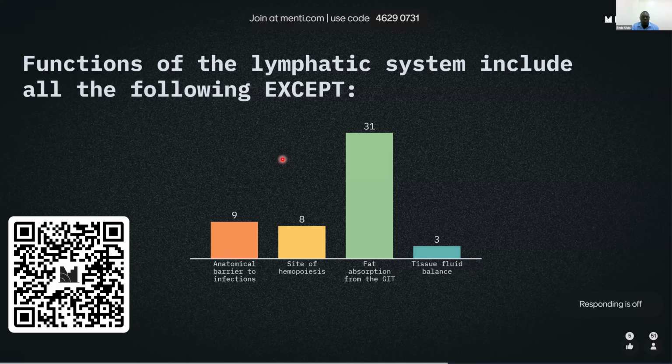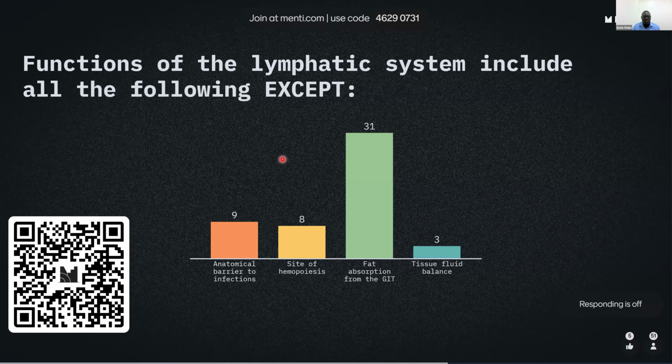When you talk of the first line of defense and the second line of defense, we are talking largely about innate immunity. And when we talk about the third line of defense, we are talking about adaptive immunity or acquired immunity. Innate immunity is the immunity you're born with.